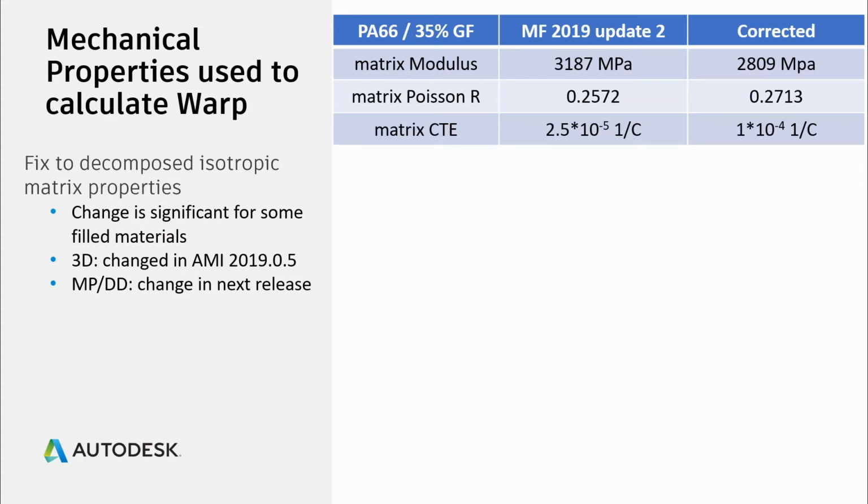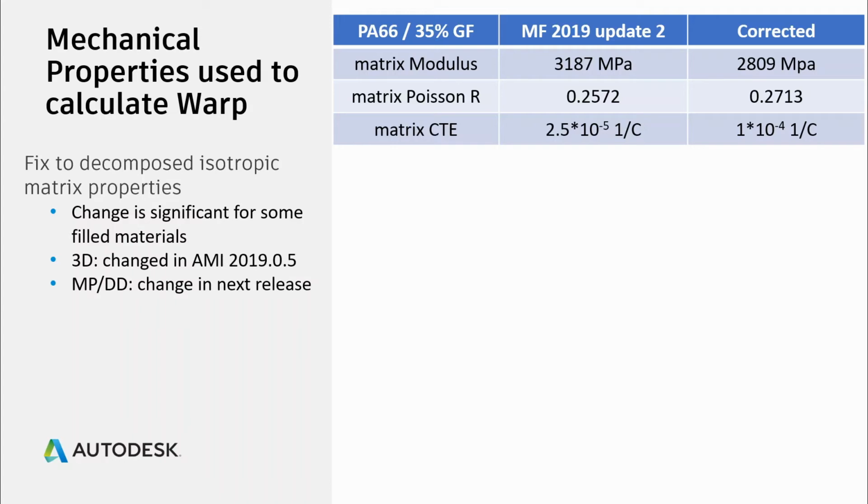Here's a comparison for a 35% glass-filled PA66 material of the modulus, Poisson's ratio, and coefficient of thermal expansion, which resulted previously, say from Moldflow 2019 Update 2, to the new corrected values. The modulus and the Poisson's ratio are only changed slightly. But the property which is changed strongly in this case for this material was the matrix coefficient of thermal expansion estimation.